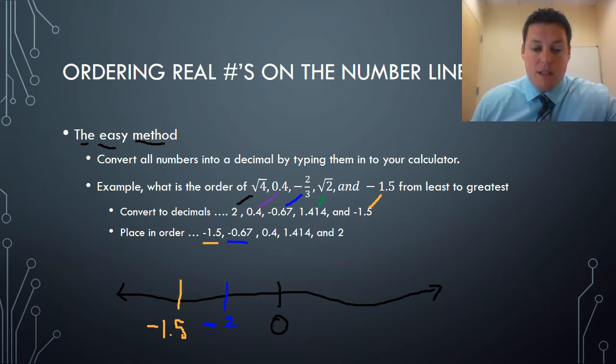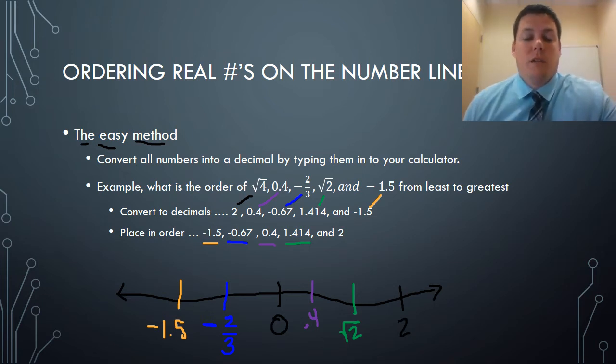So negative 0.67 was negative 2/3. The next one in order is 0.4. And now we're on the positive side of the number line. And 0.4 was the original number. Then we have 1.414, which we remember our original was the square root of 2. And finally, we just have 2. So that's how you would create your number line.